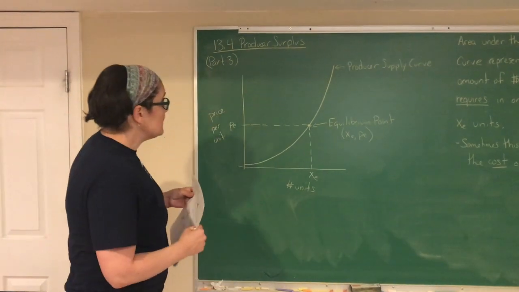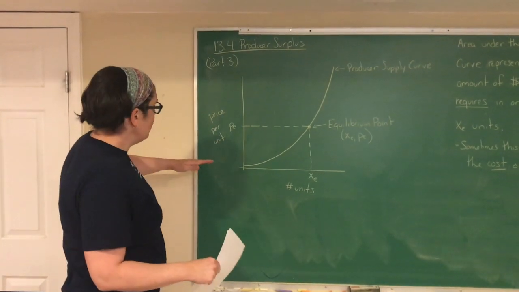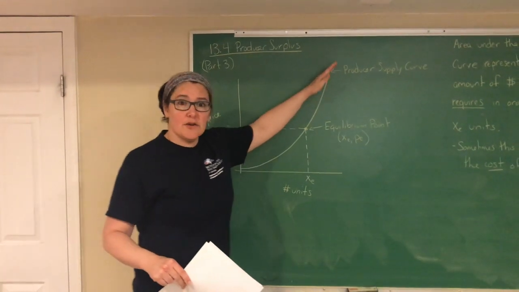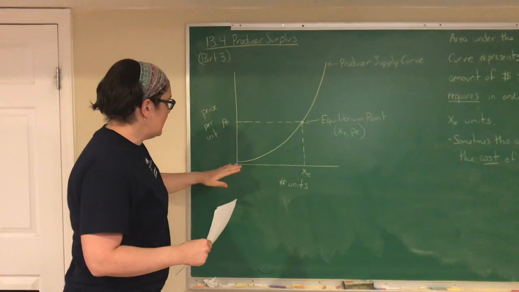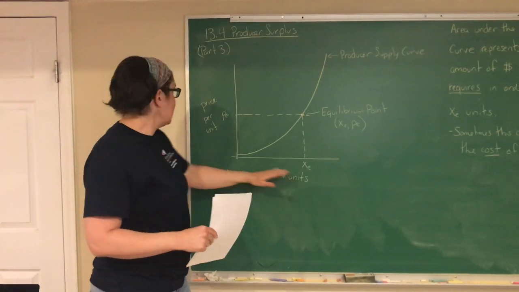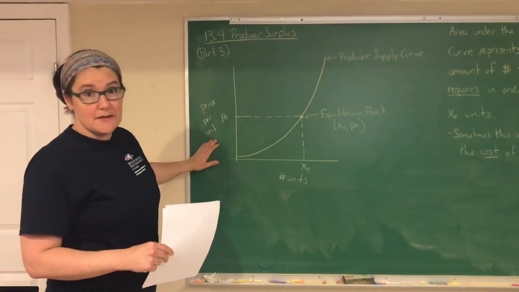Okay, so we saw in our example with the donuts that we had a producer supply curve, and that curve was an increasing function. And here we have our graph again, where we have number of units on the x-axis and the price per unit on the y-axis.